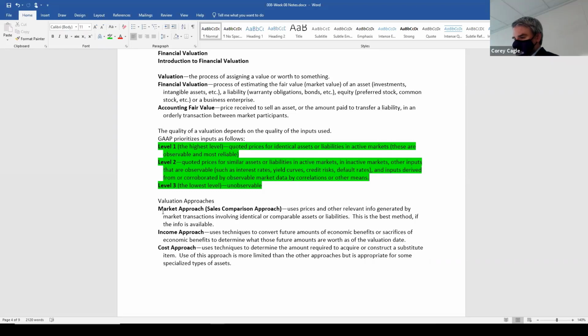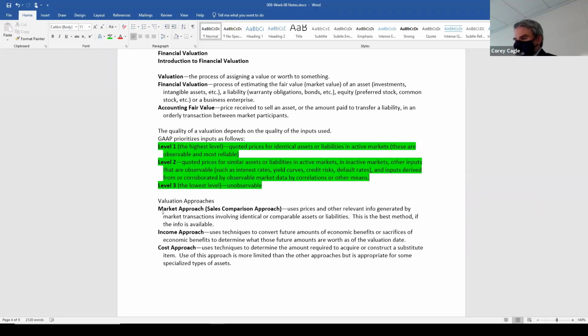You don't always have the information. Think about buying and selling houses. They'll always do comps. What did other houses in the neighborhood sell for? Well, that's a little fuzzy, right? Houses are very different. So it gives you a little information, but not perfect information for sure.